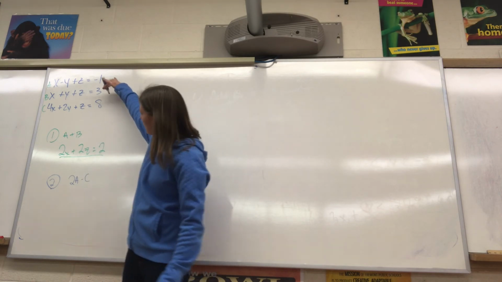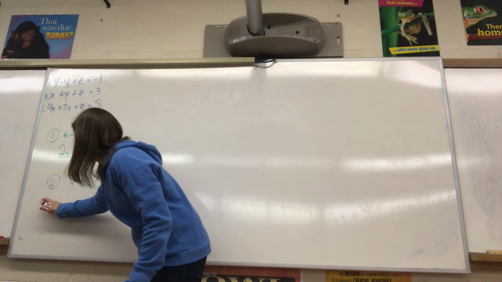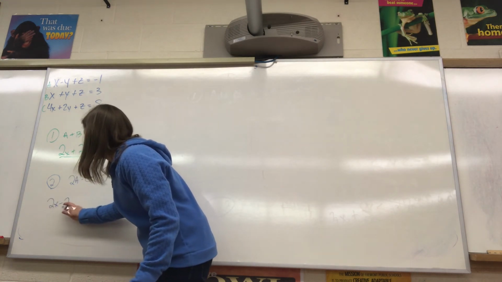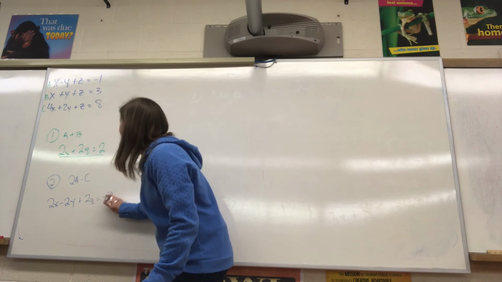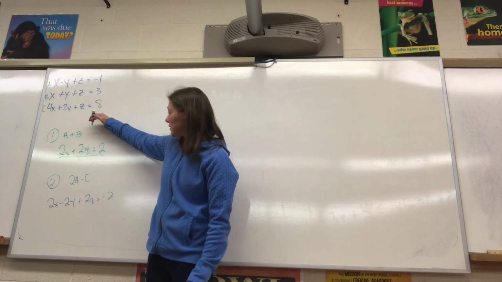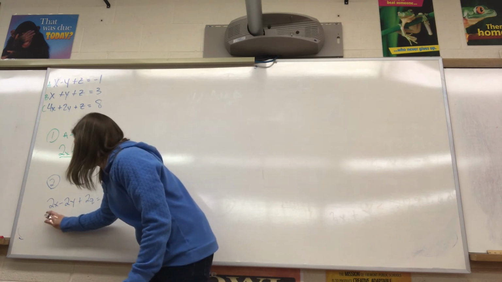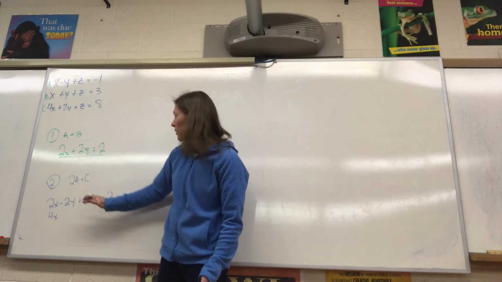So if I multiply the top equation by 2, because that way we're going to eliminate the y's, I'm going to get 2x minus 2y plus 2z equals negative 2. Okay, and now I'm going to put c below it. So 2a plus c, I didn't mean 2a minus c.